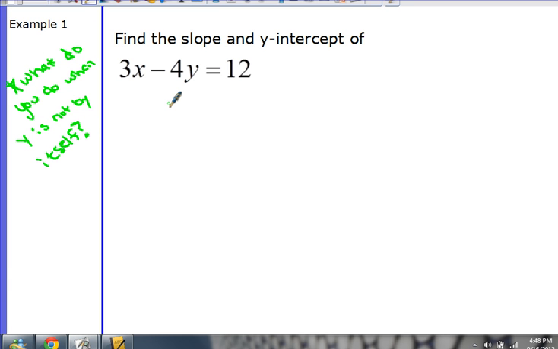When y is not by itself, then we need to solve for y.